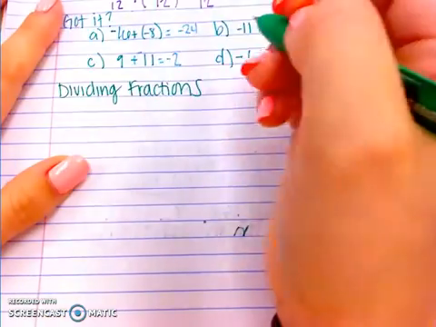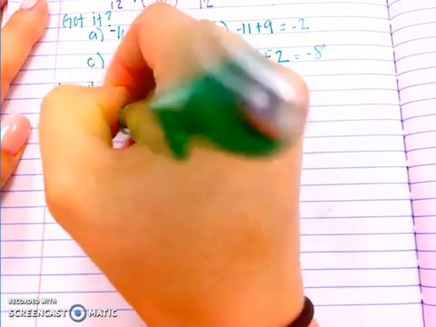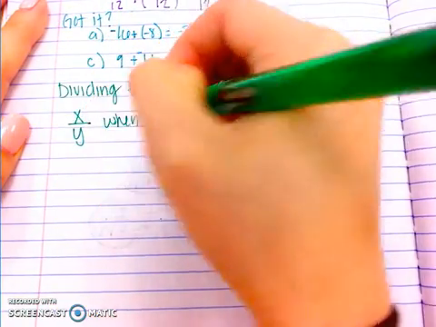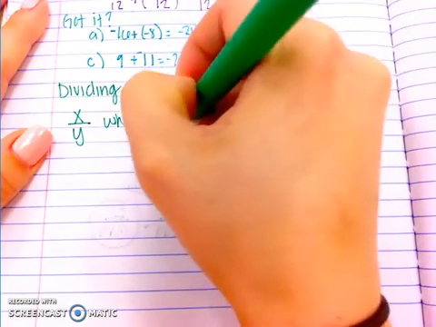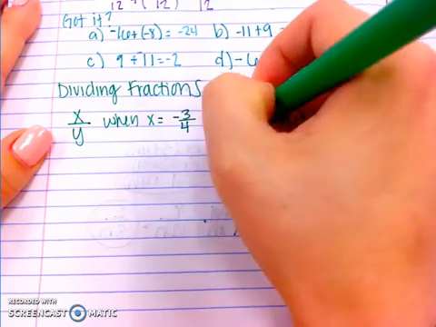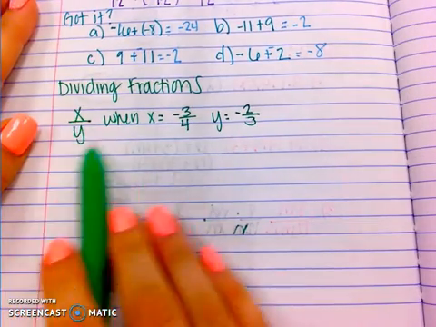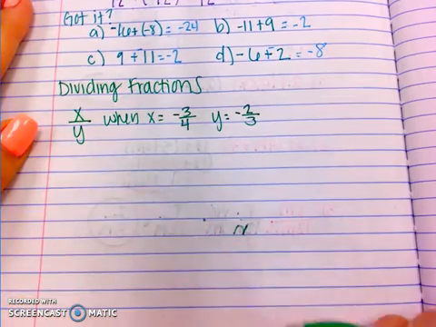So if I'm looking for x over y when x is negative 3/4 and y is negative 2/3. Okay, now my question is saying x divided by y.